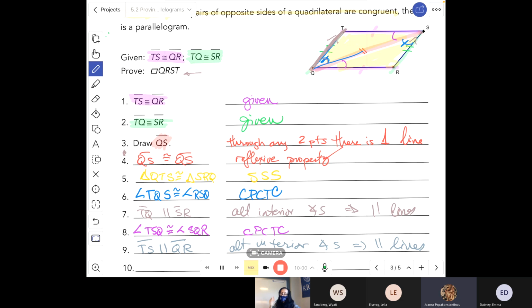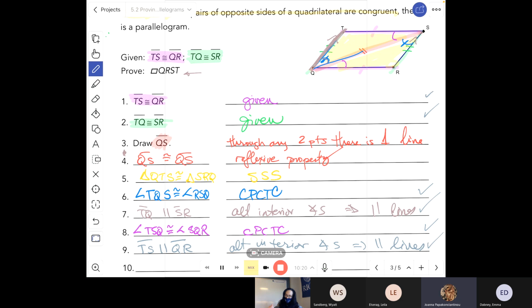Now, could we have combined some of these things? Yes. Could we have combined the givens? Yes. Could we have combined the alternate interior angles and shown CPCTC for two sets? Yes. But we're just putting them all in separate lines.